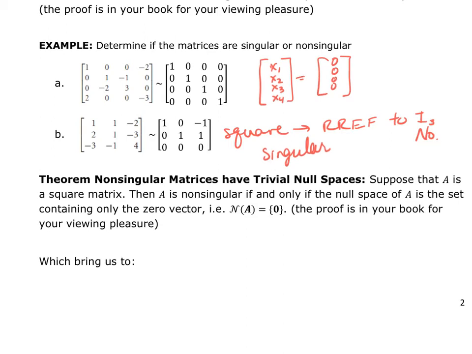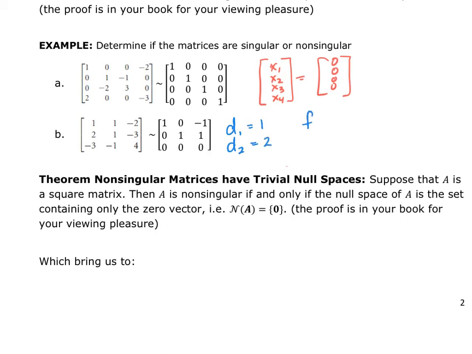So my null space is the 0 vector. Now if I take a look at my second example here, my null space is not going to be the 0 vector. I have a pivot, d sub 1, in the first column. I have a pivot, d sub 2, the basic variable, in the second column. My free variable is in the third column.